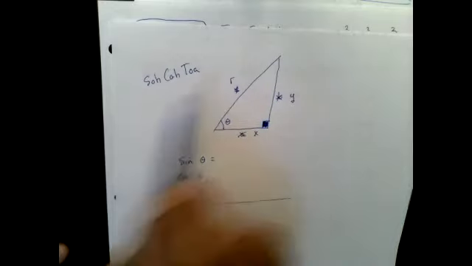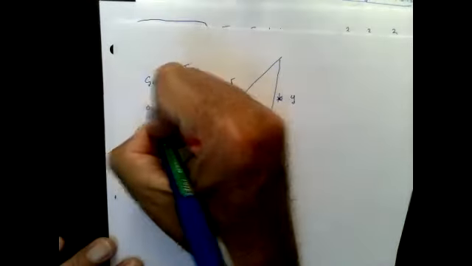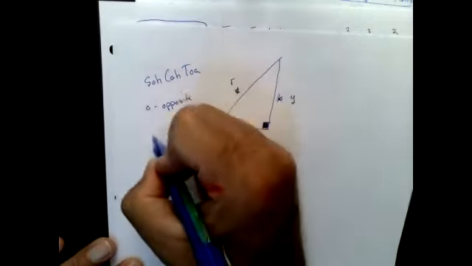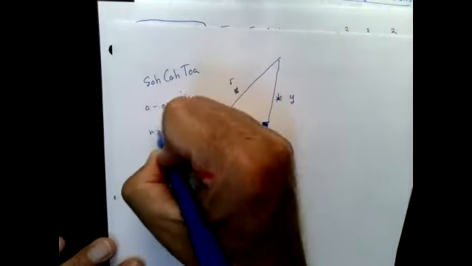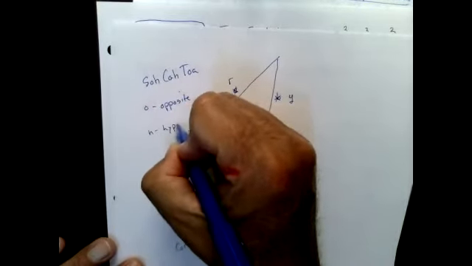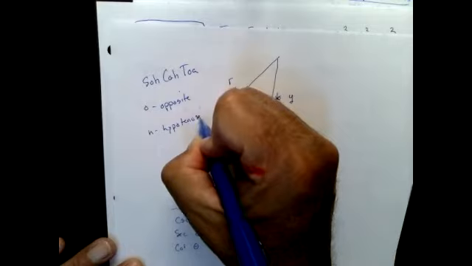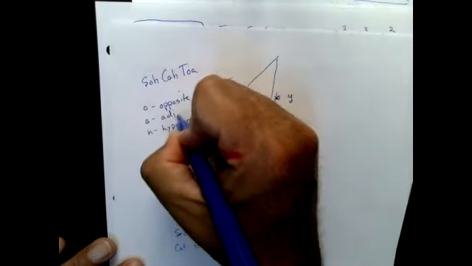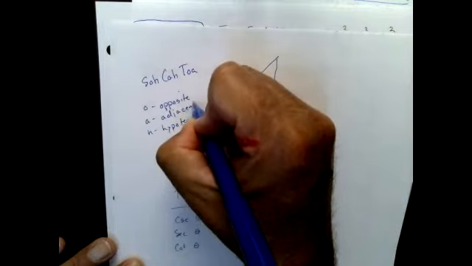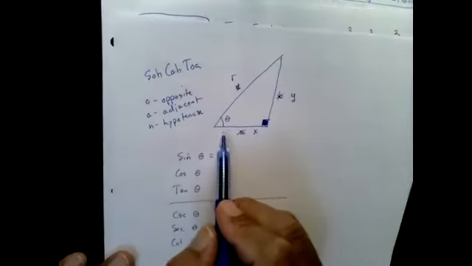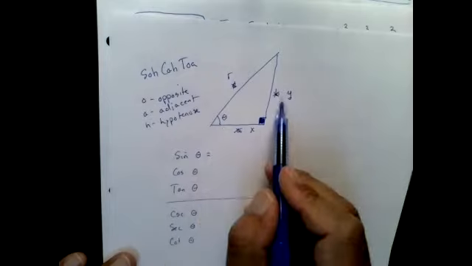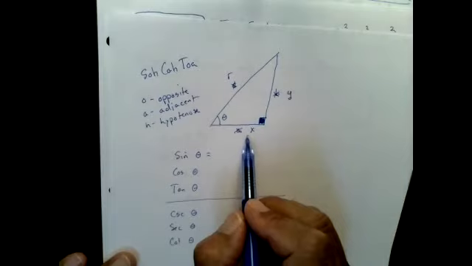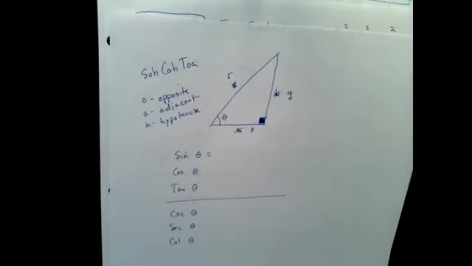But anyhow, I have O, which stands for opposite, H, which stands for hypotenuse, and A, which stands for adjacent. So when I look at angle theta, its opposite is Y, its adjacent is X, and its hypotenuse is R.